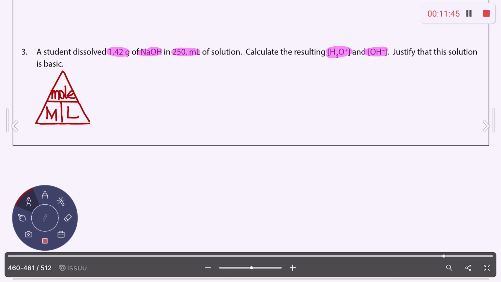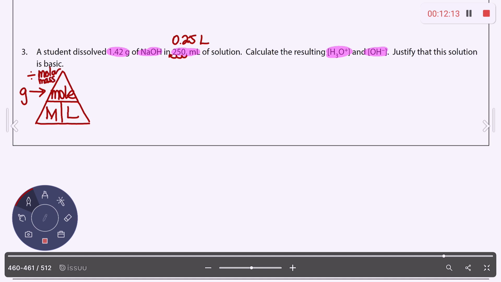Molarity. Before that. Liters. Okay, so this, we can just move the decimal 3 places to the left. And this is 0.25 liters. What else do I need to do? Grams to moles. Okay, we can convert grams to moles by dividing by the molar mass.